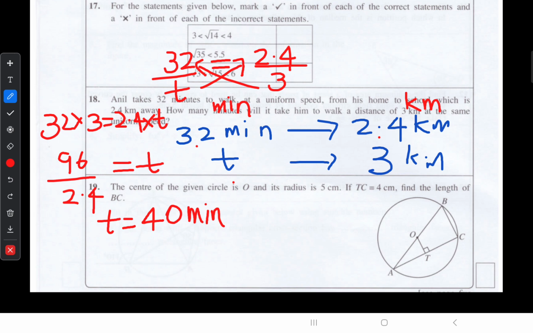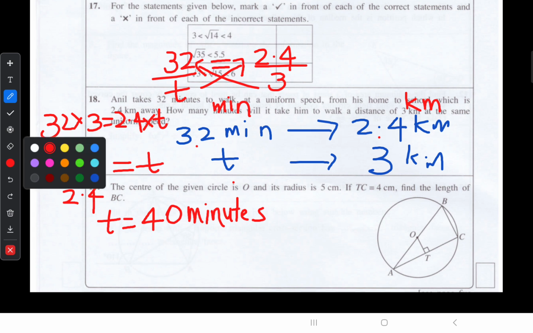Then cross multiply. 32 times 3 equals 2.4 times t. So 32 into 3 is 96 divided by 2.4. That will give you a time of 40 minutes. He took 40 minutes to reach 3 kilometers at the uniform speed.